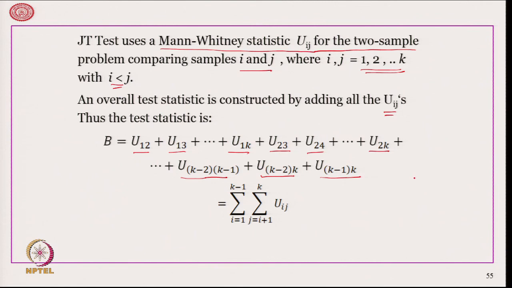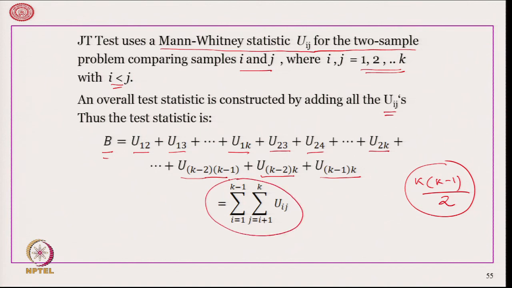So, since we have k into k minus 1 by 2 many different pairs, we have to compare all of them and obtain the corresponding Mann-Whitney statistic. Therefore, the final statistic is the sum, sigma over i equal to 1 to k minus 1, j equal to i plus 1 to k, of Uij. As you can easily understand, this expression can be written neatly and concisely like this.